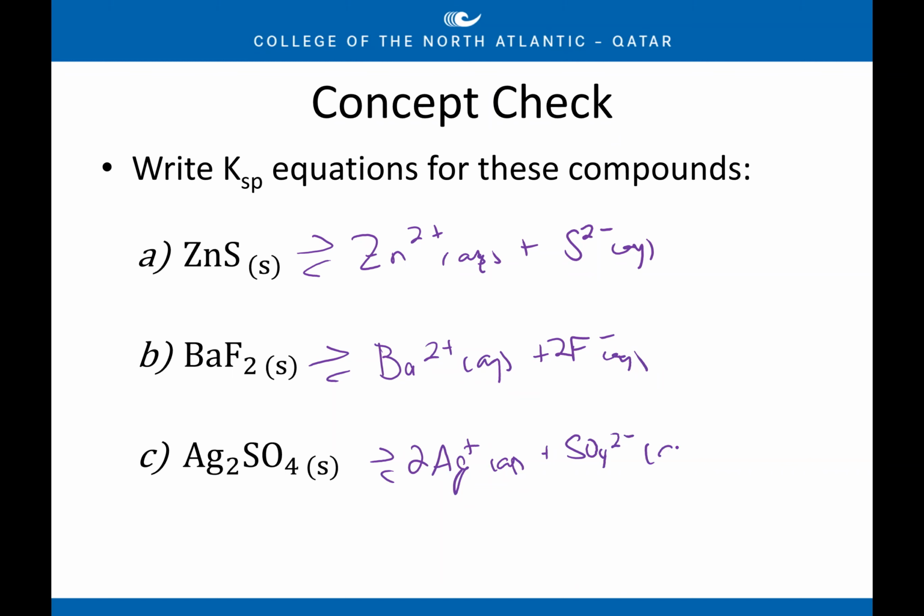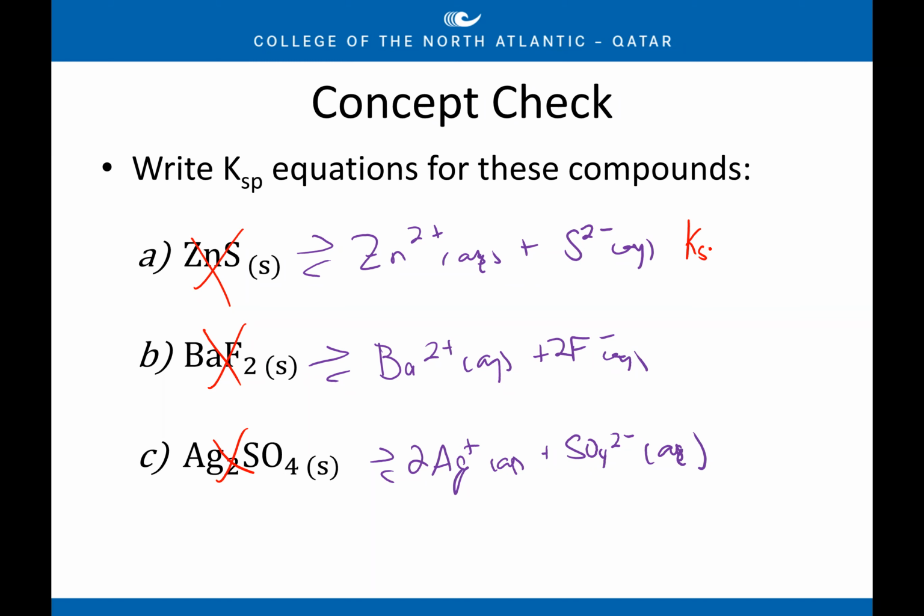Okay, so we already did these, and we've already done this in chapter 3. So I'm very quickly going to write the Ksp for these. Now, just remember, no solids allowed, right? We cannot include solids in my equation.